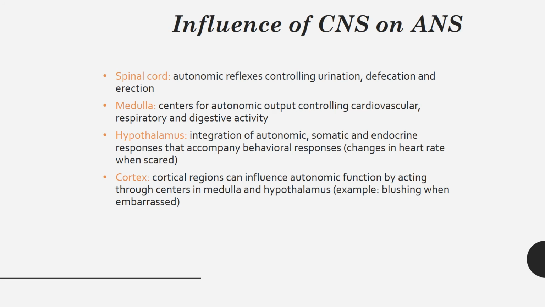And then with our cortex, different regions are going to be affected by both the medulla and the hypothalamus, but we'll also have the limbic system involved as well as the different lobes. So, for example, when you're blushing when you're embarrassed, that would be part of the sympathetic division that causes that.